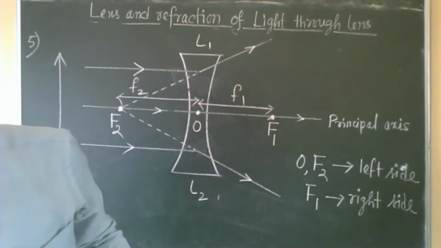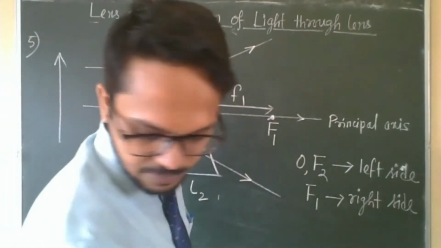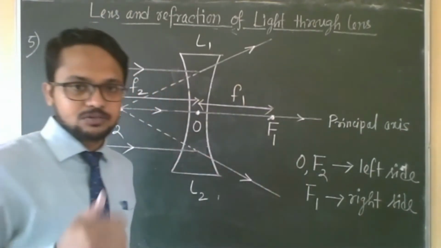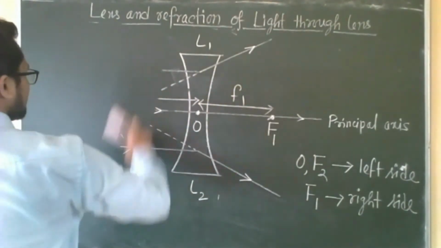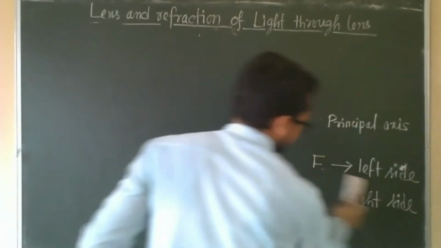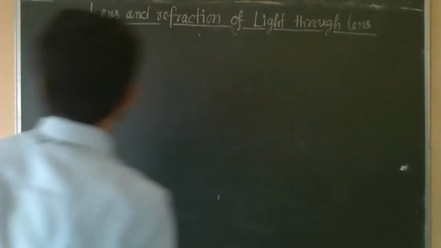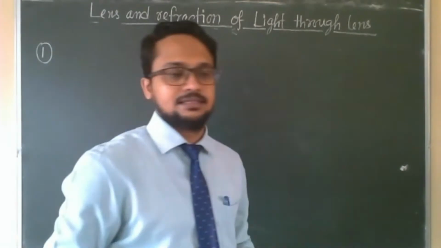Now come to the note, page 107. A big blue box is there at the end. A few points are written, a few things you have to keep in mind. So what are the points? The first point is about the medium surrounding the lens.